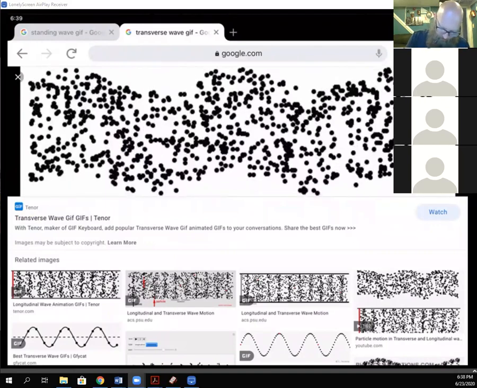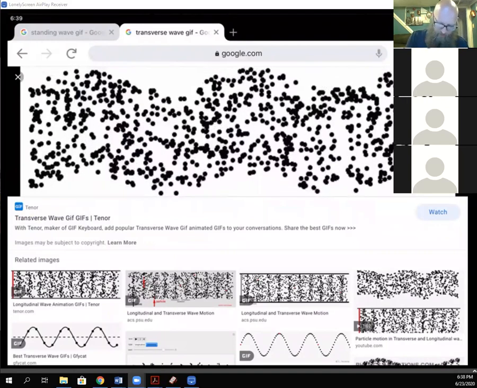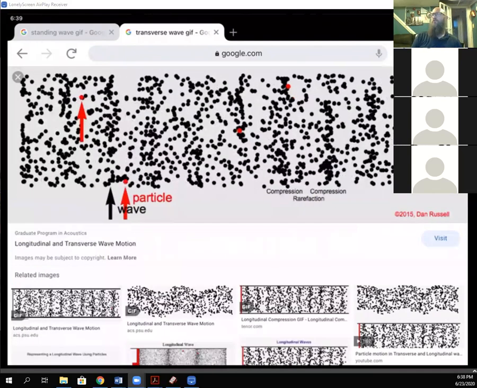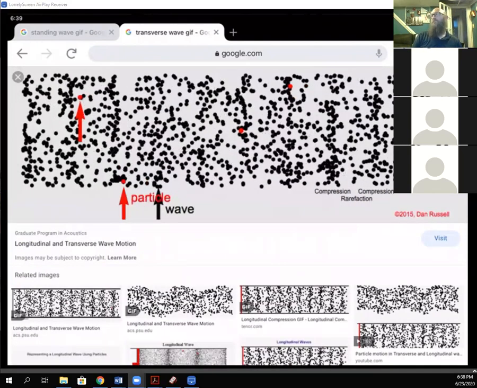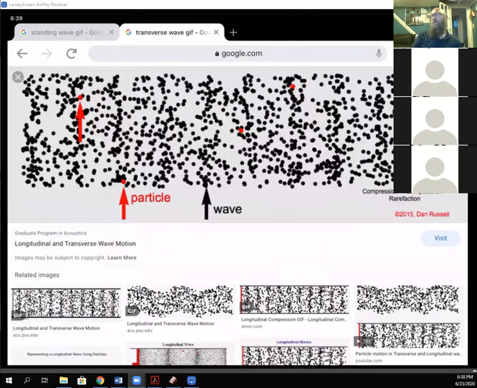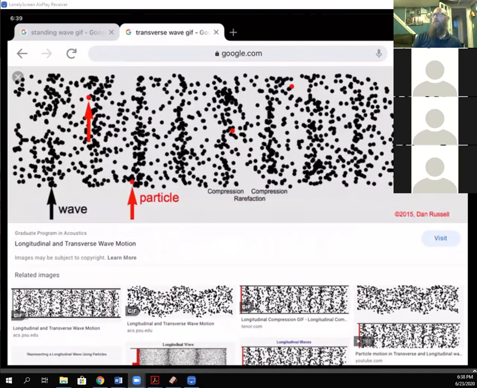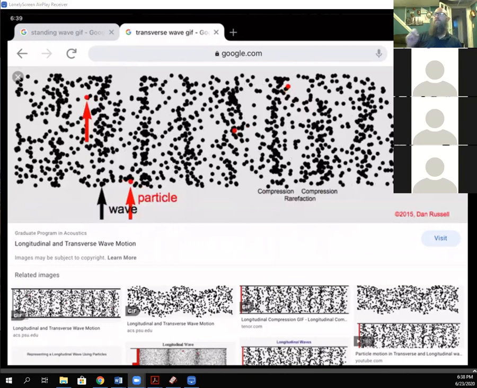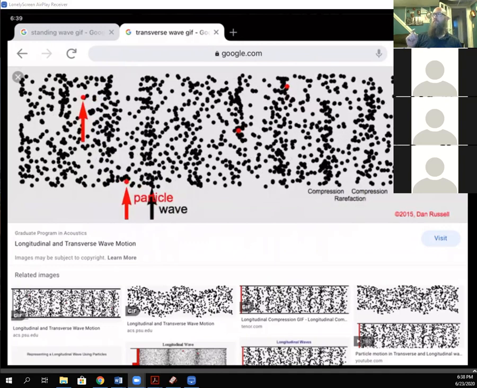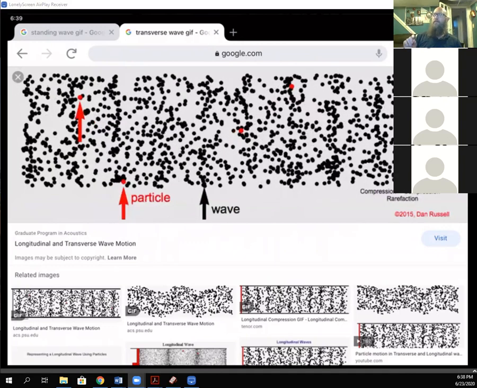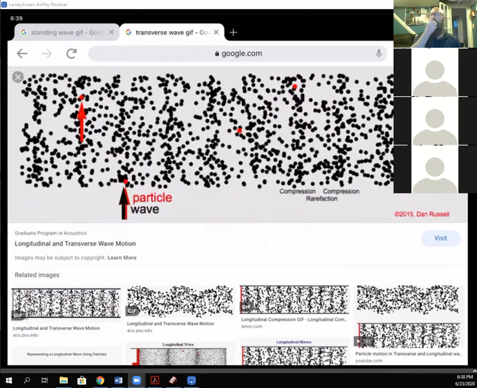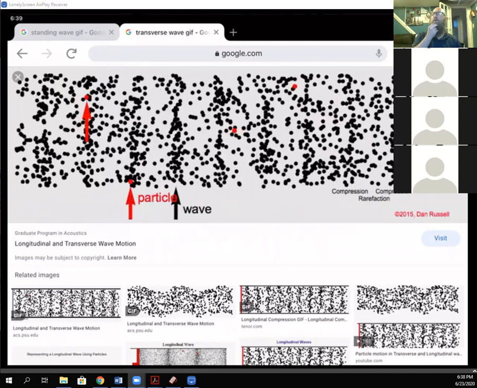You can also have a compression wave or a longitudinal wave where the motion of the wave and the motion of the medium are in the same direction. Again, the medium is not moving overall. It's just atoms in the medium oscillating, but there's energy moving one way or another.